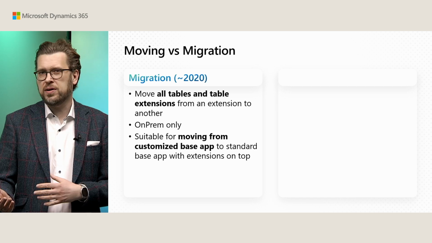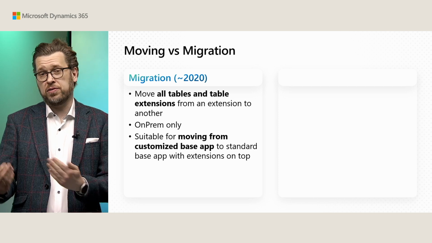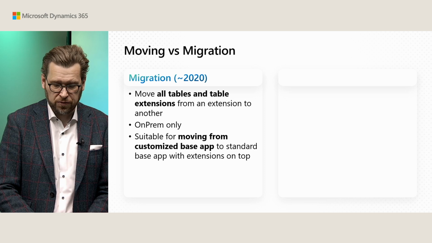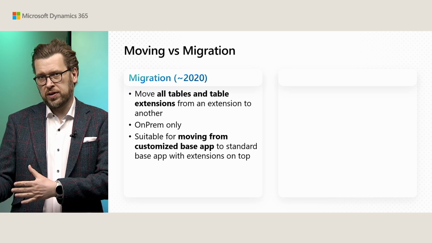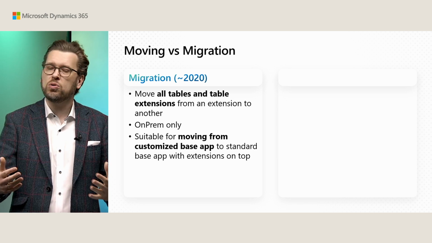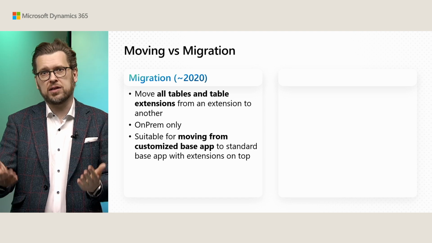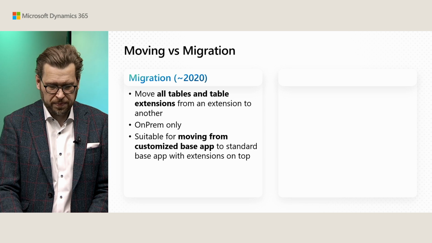So you might remember some 5 years ago or something like that, we added the ability to migrate tables and table extensions via a migration.json file in the application. However, that is for moving basically out of a code-customized base app to a standard base app with extracted customizations on top, and something that was supported on-premise only.